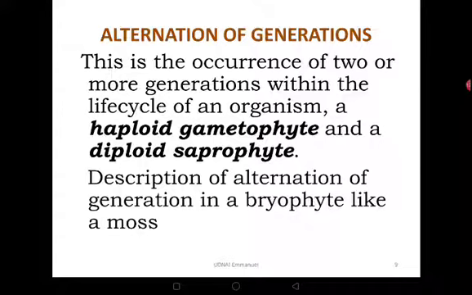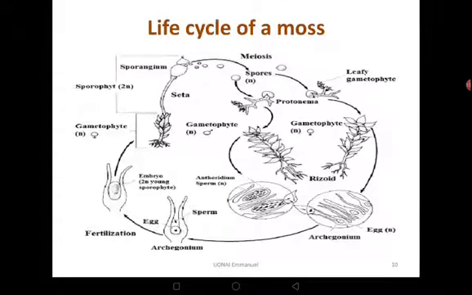For example, in these plants, a haploid gametophyte generation alternates with a diploid sporophyte generation in the life cycle of the same plant. That mechanism is what we call alternation of generations. We are going to look at the life cycle of the moss in much more detail here.